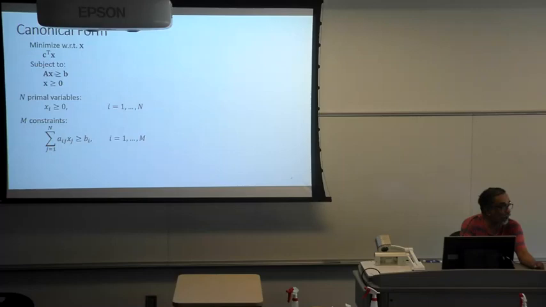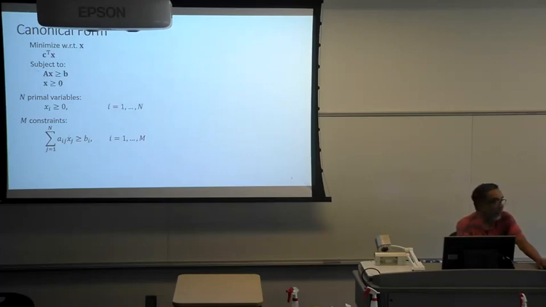Each row of Ax greater than or equal to b, you can read off a row. The left side will be this: aij are the entries of this matrix A in row i and column j, and xj is the jth element of x, and likewise bi. So this is the ith row of this vector constraint, Ax greater than or equal to b.